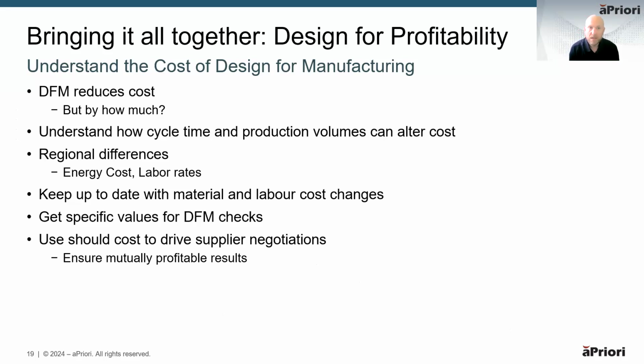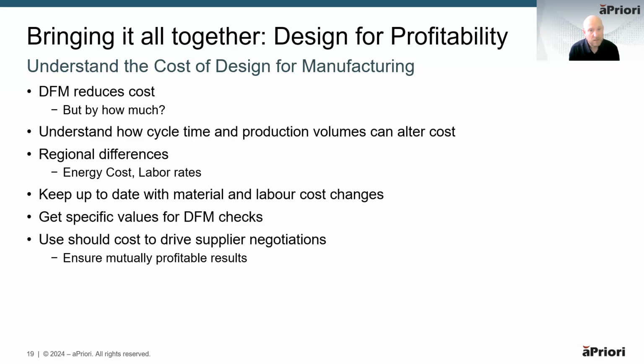One thing we can really help with is understanding how cycle time and production volumes can alter the cost as well, because if you've got very low volume but high cycle time, maybe it doesn't make that much difference. So with us being able to calculate the tooling costs and the cycle times all very precisely, you get a really good indication of what you need to focus on to reduce the cost or the carbon or the manufacturability issues in that design.